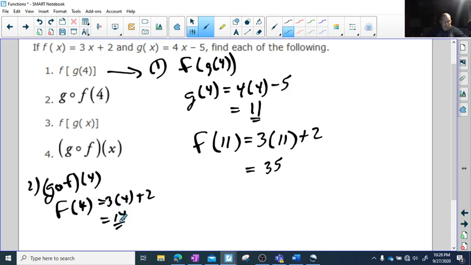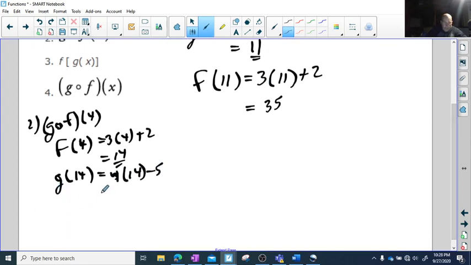So now it wants me to find g at that value. So g at 14 is what I would need to find next. So g at 14 would be 4 times 14 minus 5, which gives me 56 minus 5, so 51.